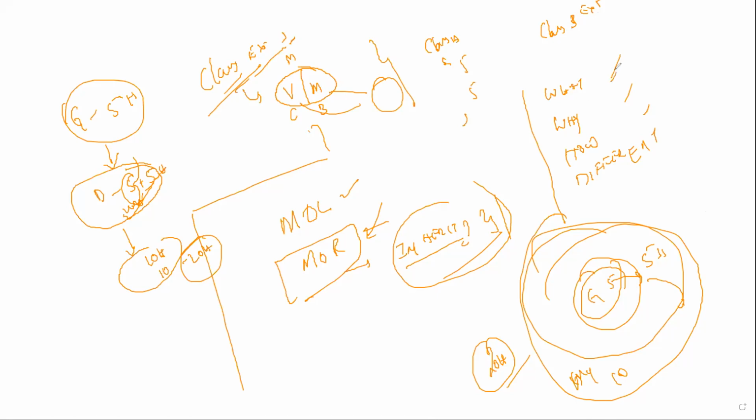And how will we inherit? We will use a keyword called extends. With the help of the extends keyword, class B extends class A. It means whatever the members of this particular class are can be accessed over here. Got it?